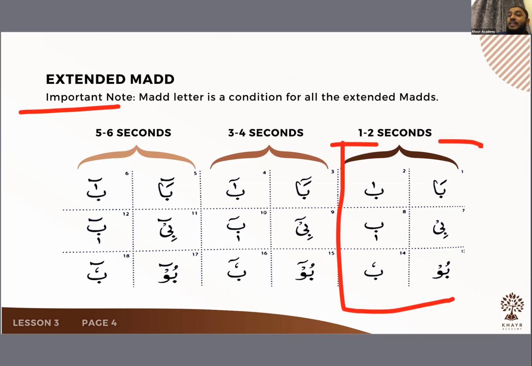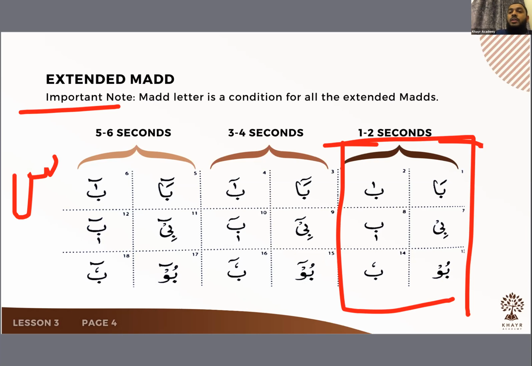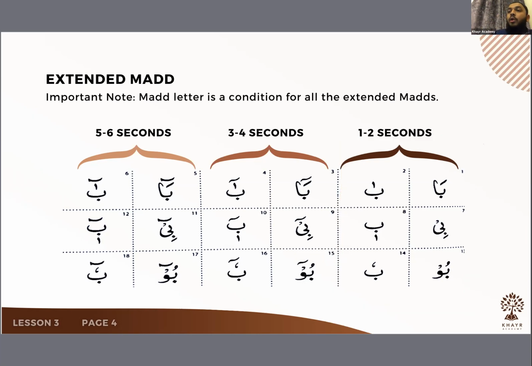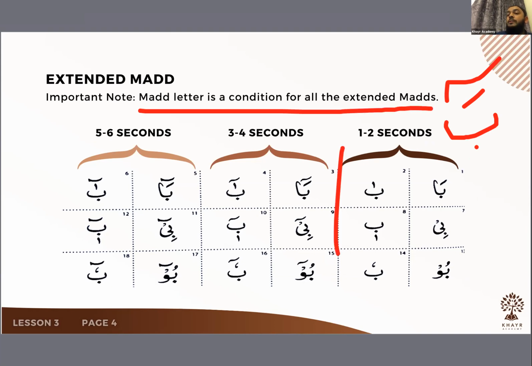Okay. So these signs have to come on top of a mad letter. Imagine you just see a seen in the Quran, or a normal ba with a fatha, but then you see this sign. Would you make it long? No, you wouldn't make it long. Remember, mad letter is a condition for all extended mad. It has to be one of these forms.